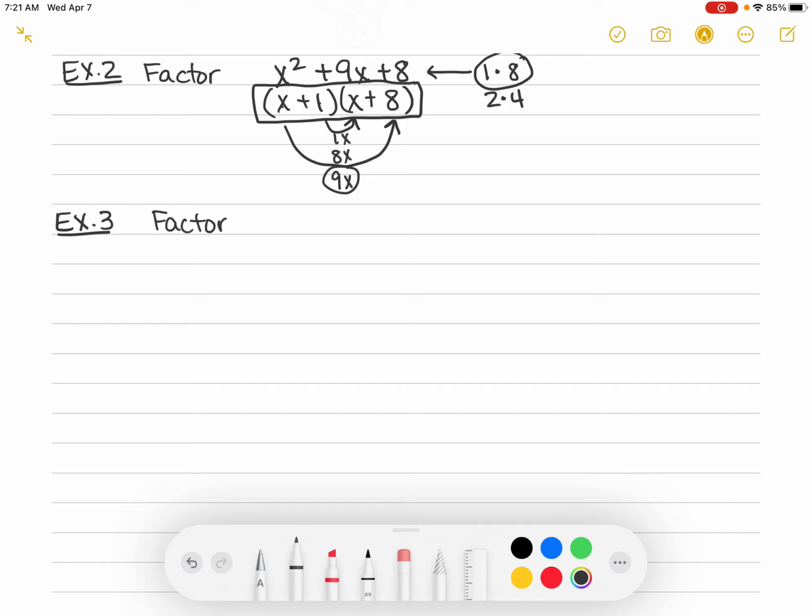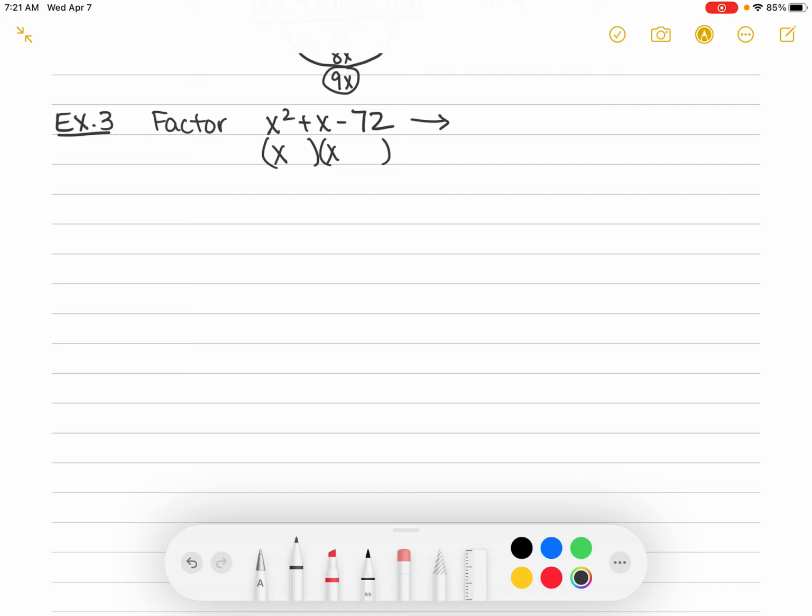I don't have anything I can factor out of that before I do my 2 factors, and x is at the front. 72 has a whole bunch of multiplications. We have 1 times 72, 2 times 36, 3 times something. I'm going to stop right there because you don't have to write all these out.